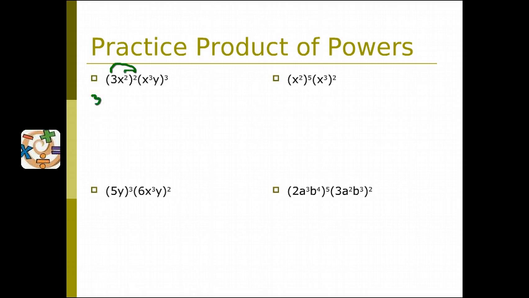So we have 3 squared x to the 4th, and we have to do it on the second set of parentheses as well, giving us x to the 9th, y cubed.